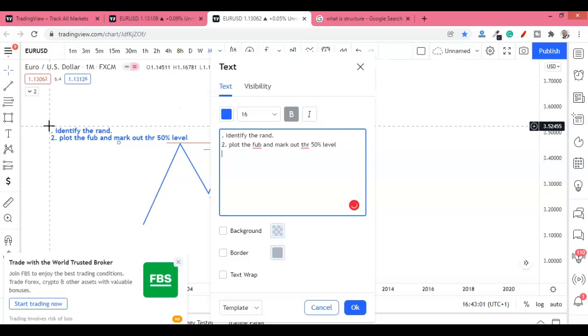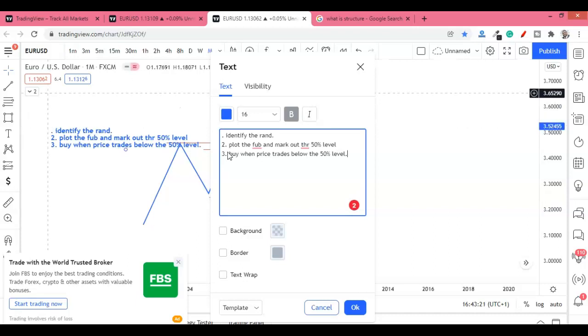Number three, buy when price trades below the 50% level. Most times we wait for price to trade into our point of interest.